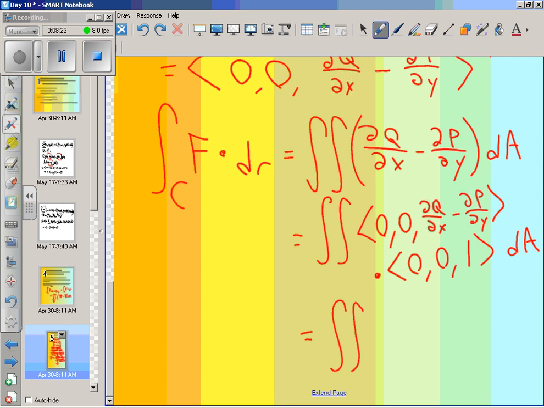So we can rewrite this as the curl of F dotted with k, because k is the general notion we have for i, j, and k. And so this is what we end with.